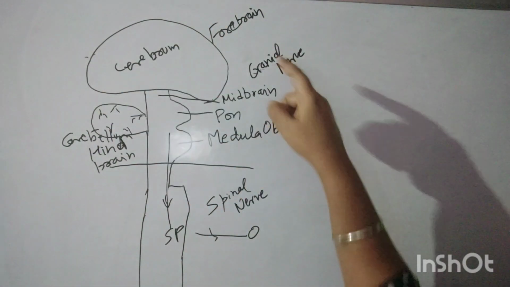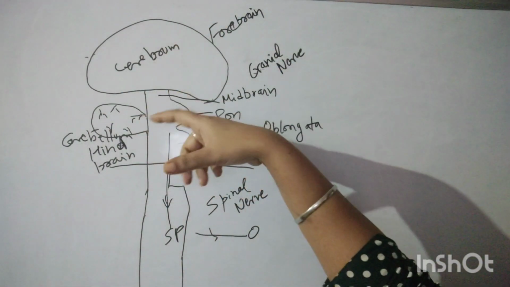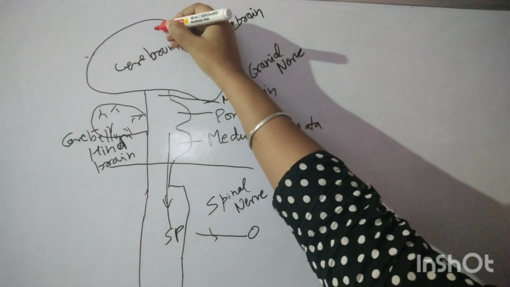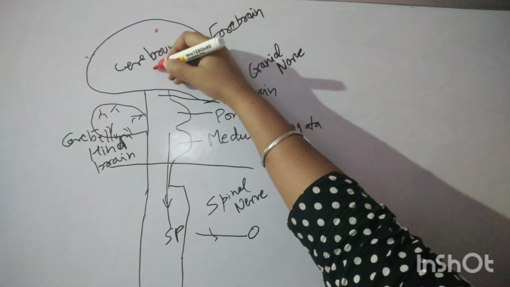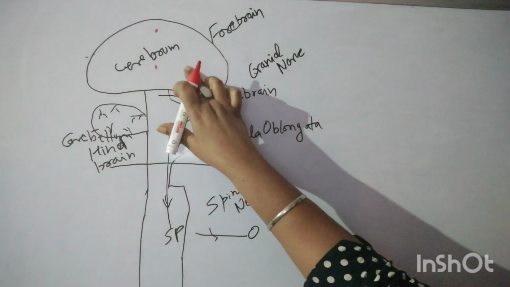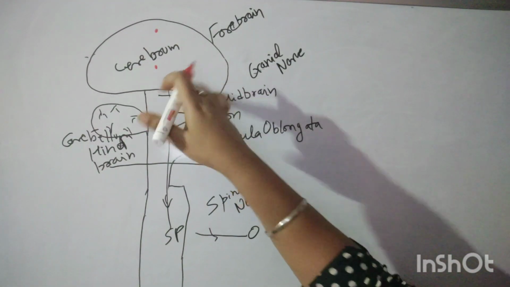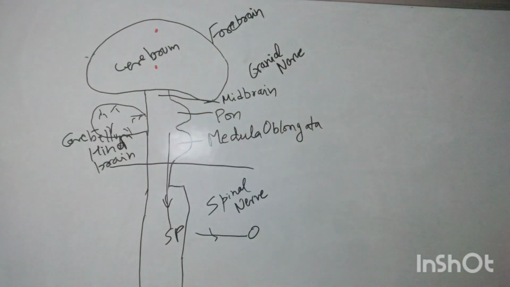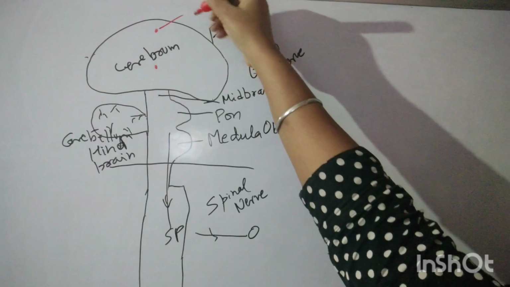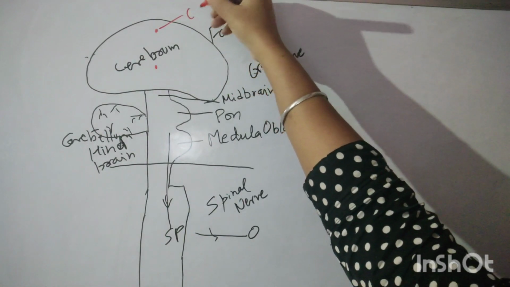Only the cranium part will be involved. All the nuclei arising from the brain. We know, we have studied in the previous lectures, that cranial nerve 1 and cranial nerve 2 arise from the cerebrum.